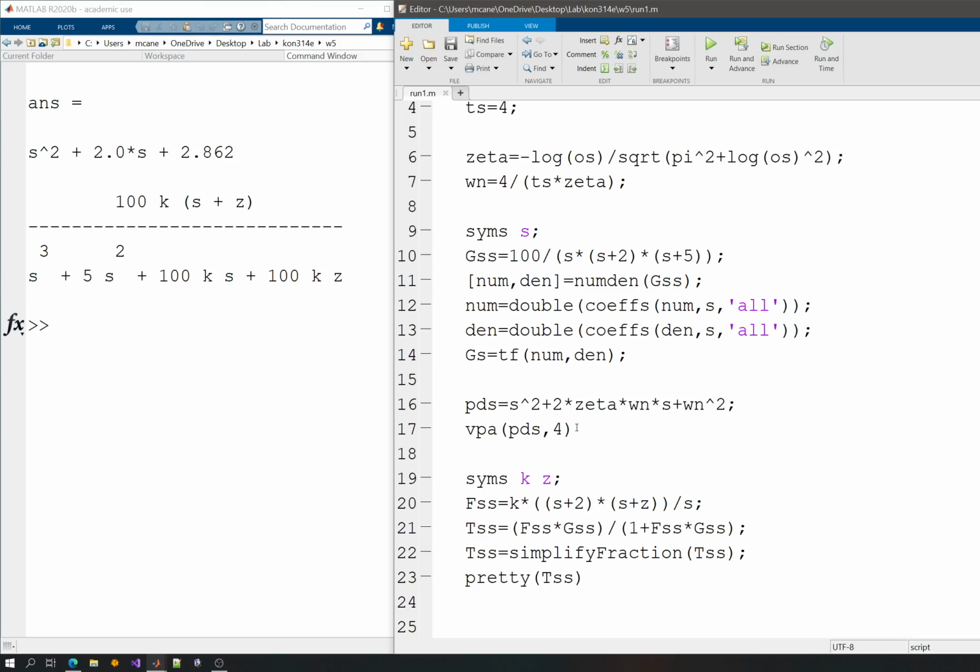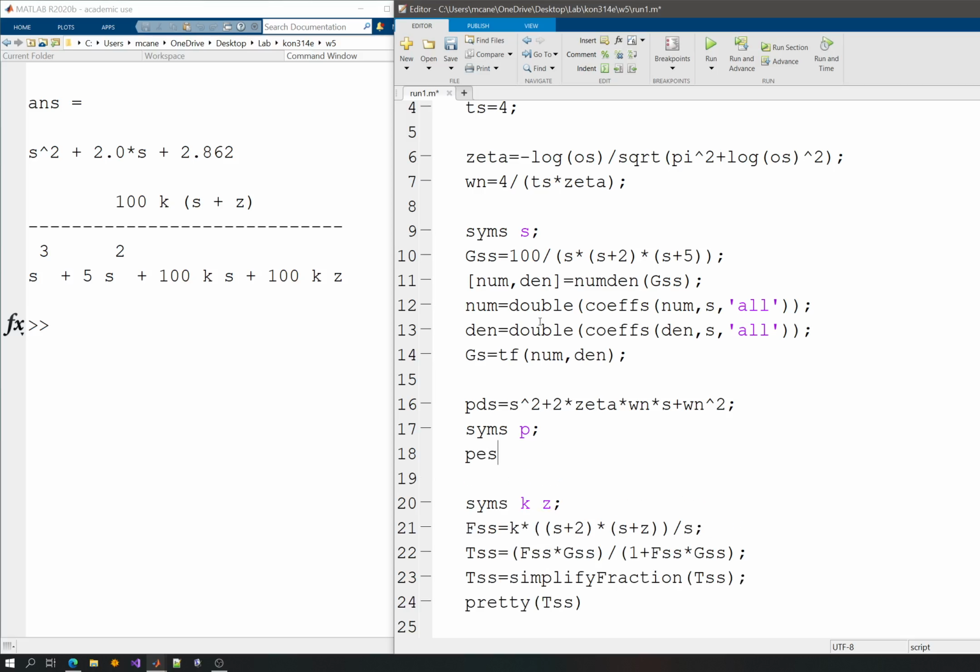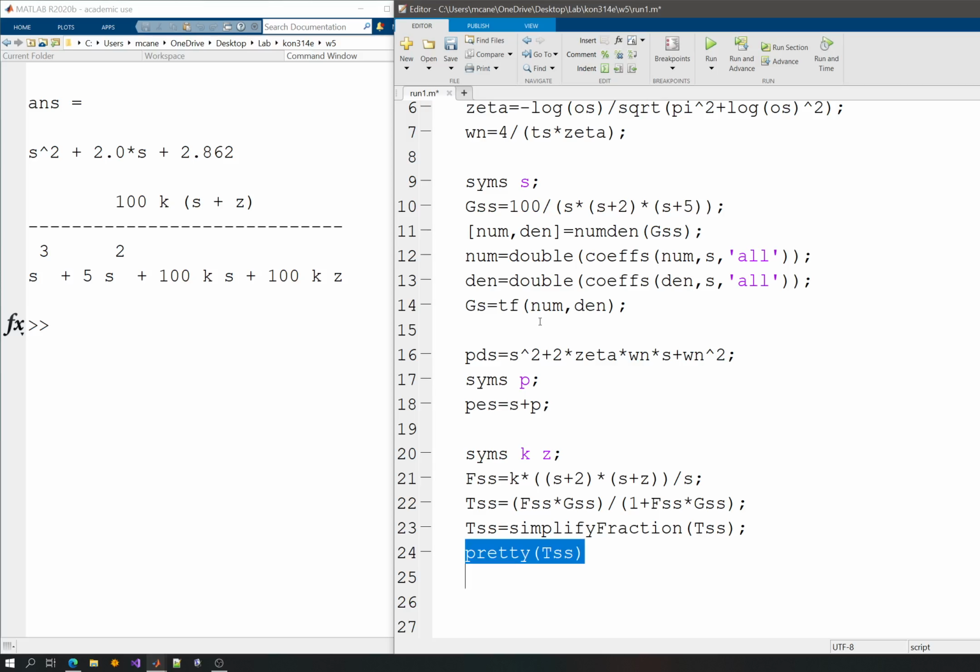Okay, now since I have looked at the problem, I can see that I need to define a PES, and before that I need to define another pole. So PES is equal to s plus p, and then my problem is obvious. I need to define my problem as coefficients of... what is it now?